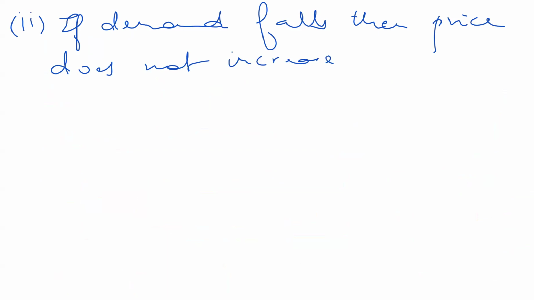So this statement has a logical connective, that is if then. It's a compound statement. A compound statement is a statement which has any one of the five logical connectives: and, or, not, if then, and if and only if. So if then logical connective.